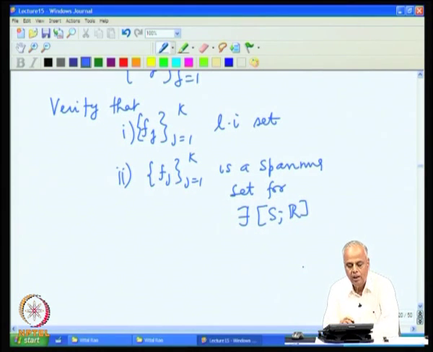Now, what does that mean? It is a linearly independent set, it is a spanning set, and therefore, it forms a basis.